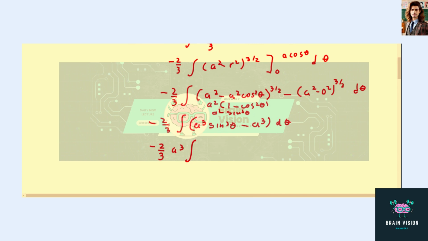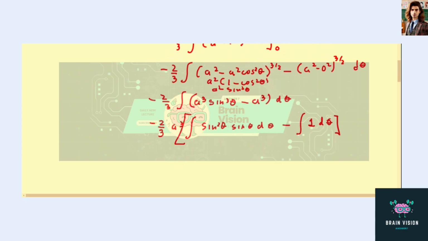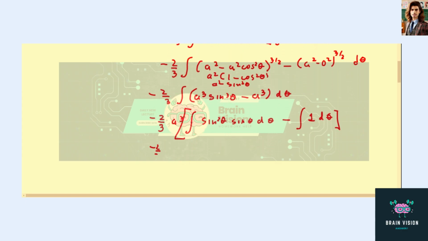Oh, this problem is kind of sucky. All right, I'm going to make the sine cubed into sine squared times sine d theta minus 1 d theta, because I put the a cubed out here. I'm a little worried about that minus sign.